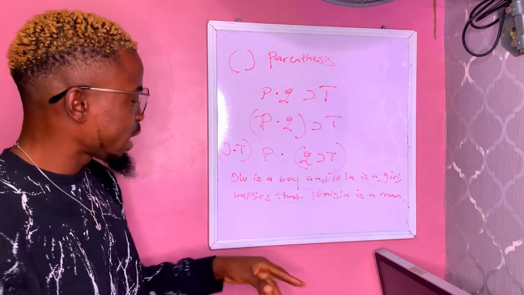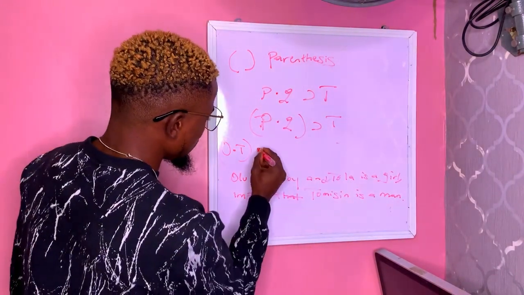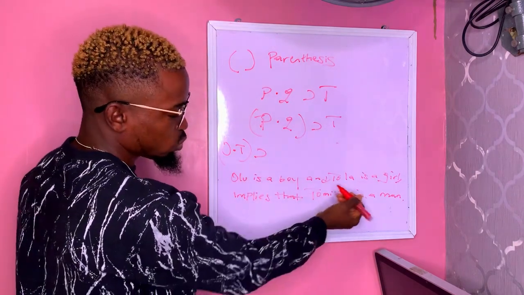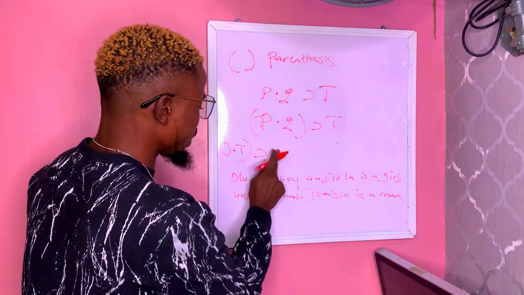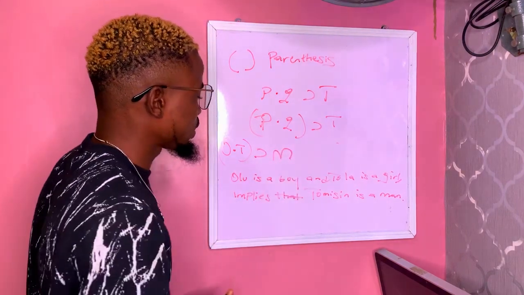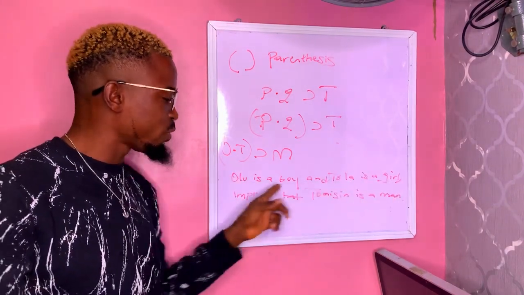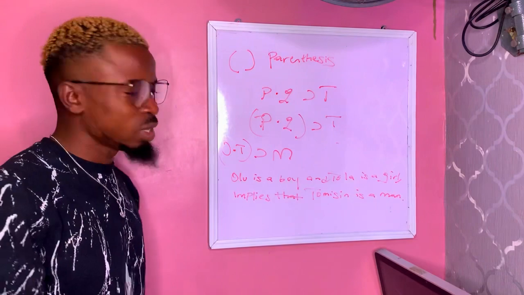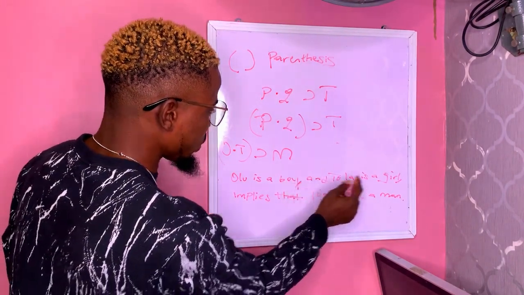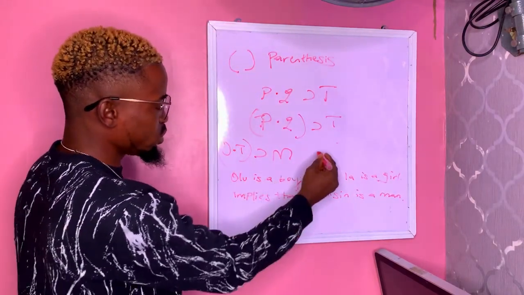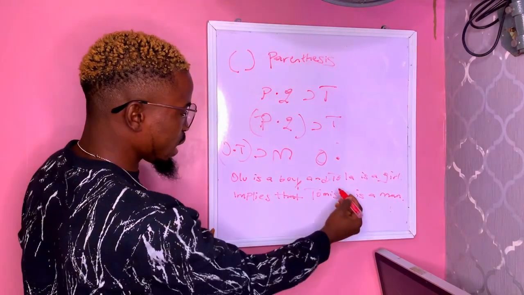Then the one that comes after it, implies that Tomisin is a man. Let me represent it with M. Implies M. So the reason why O and T is inside parentheses is because the two of them are coming before a comma, then implies this one. But had it been that the comma is not here, Olu is a boy, that means that one is standing on its own, and Tola is a girl implies that Tomisin is a man.